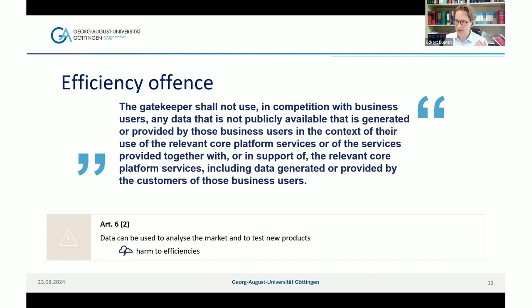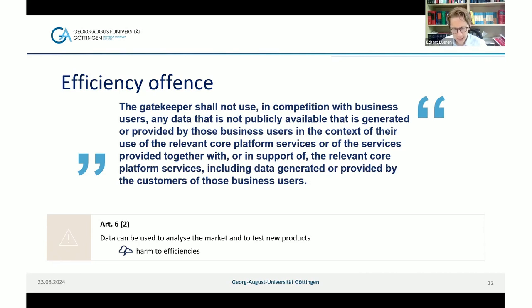So again, these data could be used to analyze the market, could give the possibility to test new products, or to identify possibilities for good business, which actually Amazon did, but the European legislator doesn't want the gatekeepers to do this, regardless of how much efficiencies could be brought about by this.